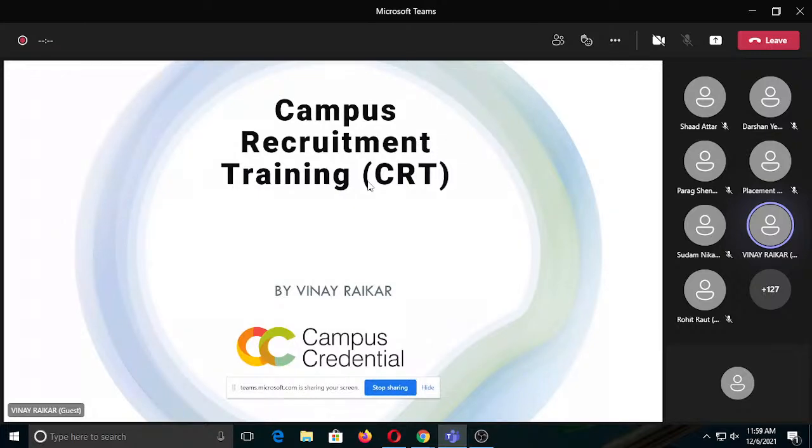Before we go ahead, as I mentioned, from the last 14 years we started this training with Thakur, and almost 90% of Bombay-based colleges, we are official partners.